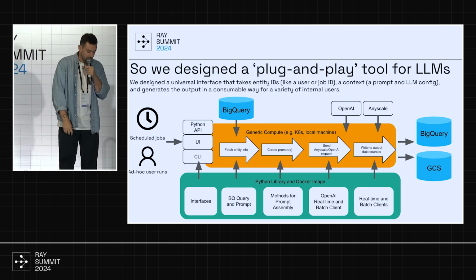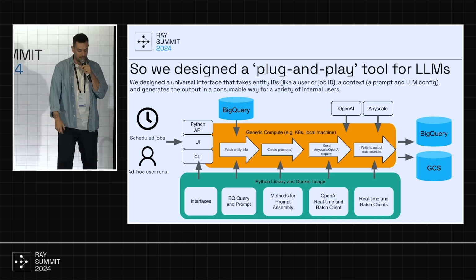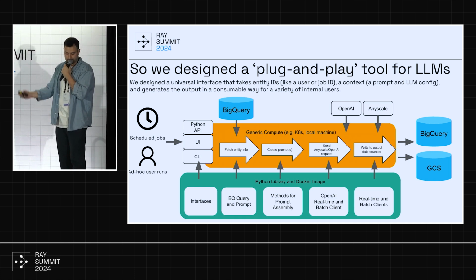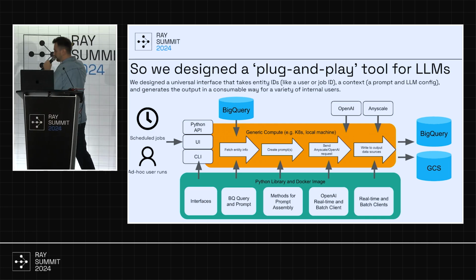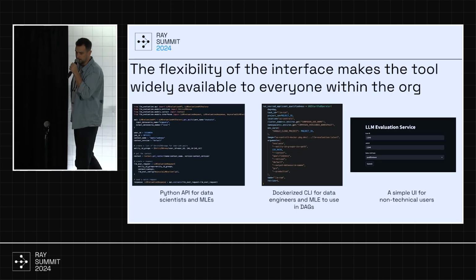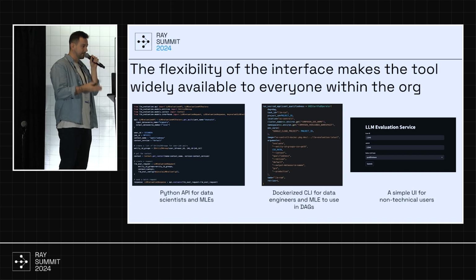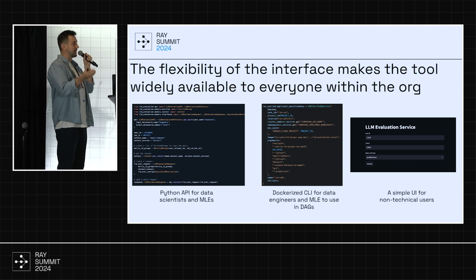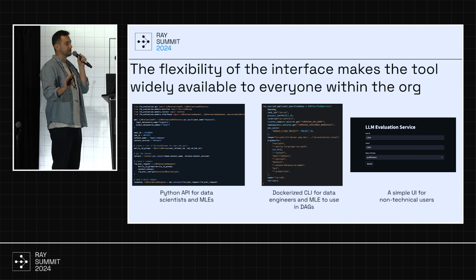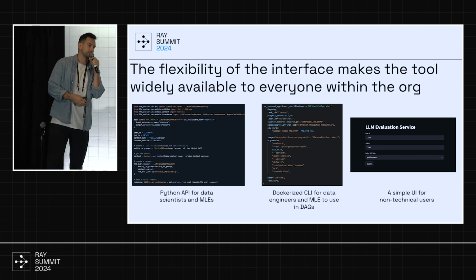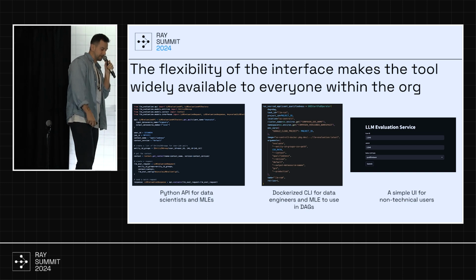And anyone can use this, from a data engineer in an Airflow DAG to a data scientist locally with Python code, or we built a little Streamlit UI for folks to use it. And that's what this slide fundamentally shows. The flexibility of the interface means that any persona internally can use LLMs for any use case and materialize those results in a super consumable manner, which was the goal of this project for us.